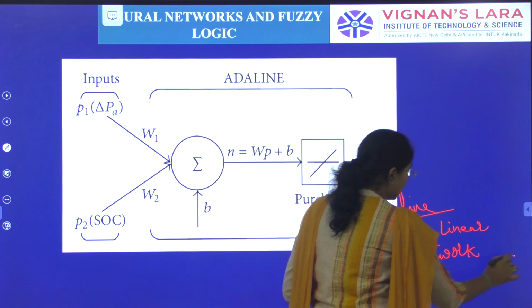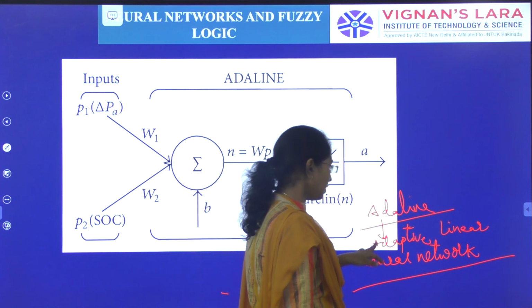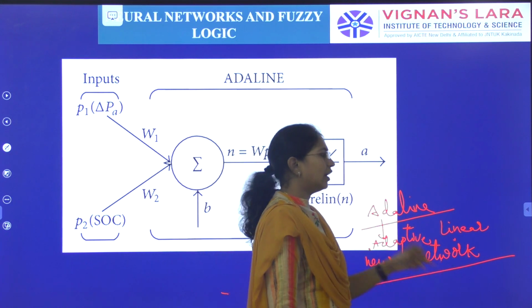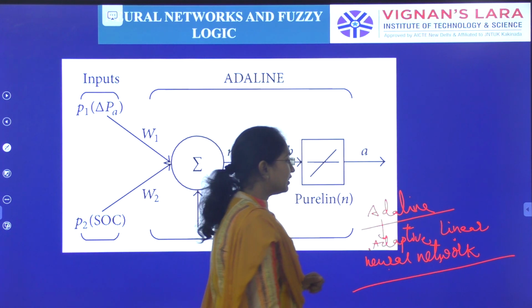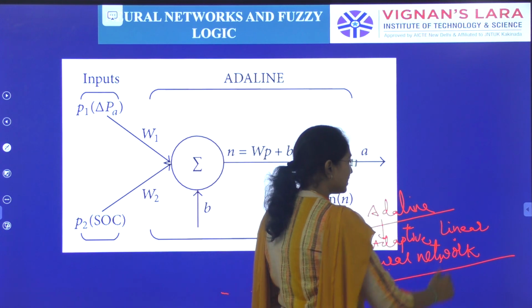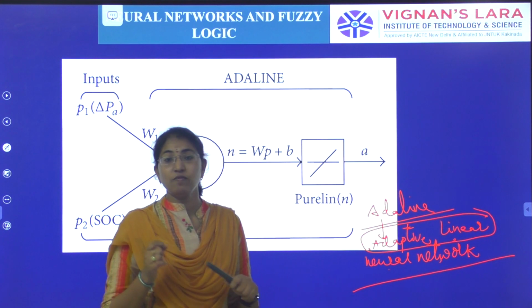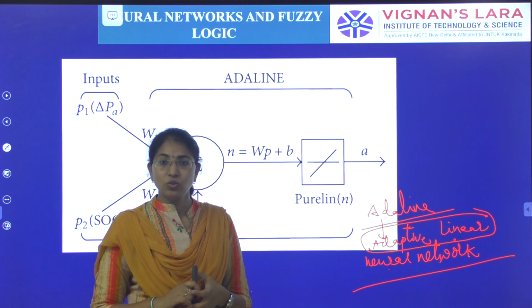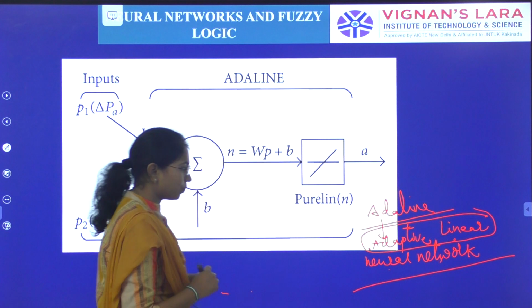What is Adaline neural network? Adaptive linear neural network. The name itself says that an adaptive linear activation function will be used in the Adaline neural network.